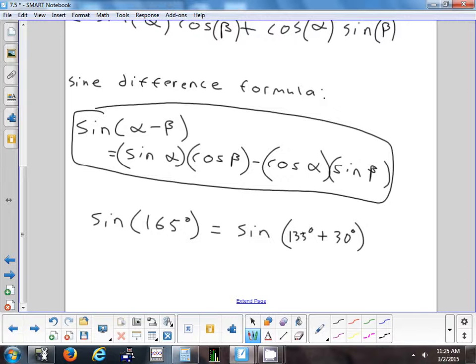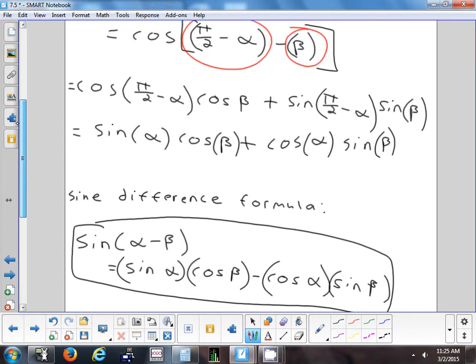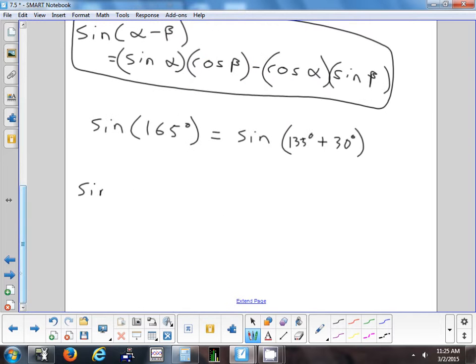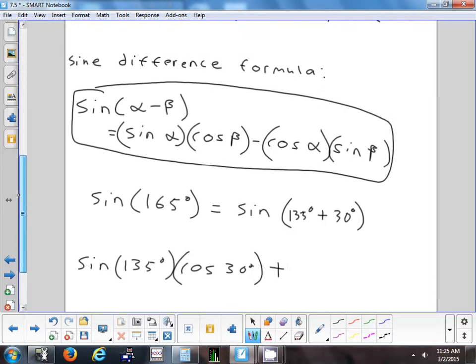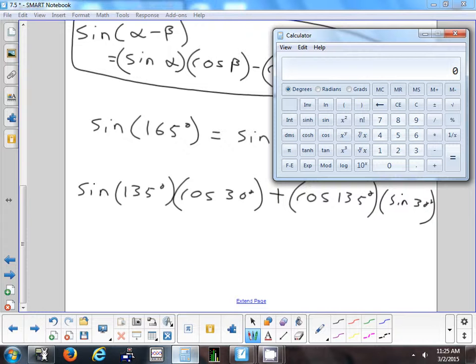Okay, 135 plus 30. Now let's do it out quick. Okay. Sine of a sum. Sine of the first, cosine of the second, plus cosine of the first, sine of the second. Right, you're going to get nice answers, well, special answers for every one of those. So sine of 135, that's 0.707.